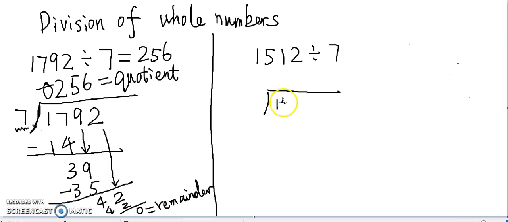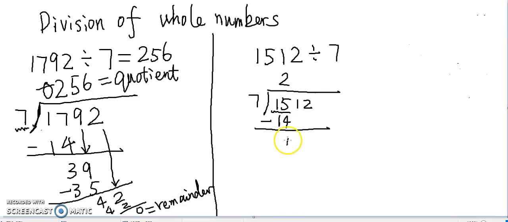So we set up the long division, 1512 divided by 7. Again, first, if we only look at the first digit, 7 does not go into 1, and we have to take 2 digits. And 7 goes into 15 2 times. So we put 14 right below 15 and do subtraction, to see how much is left.